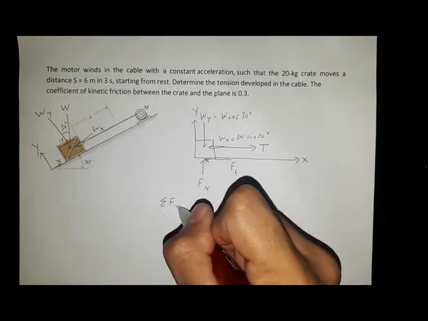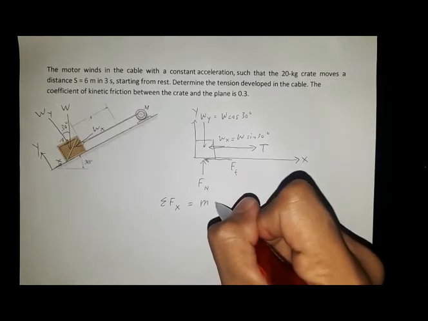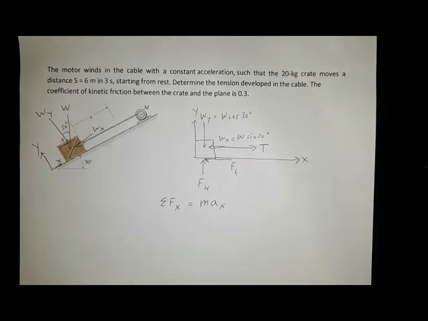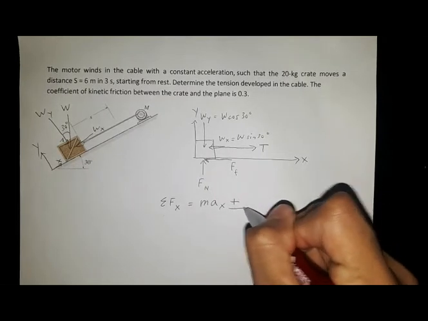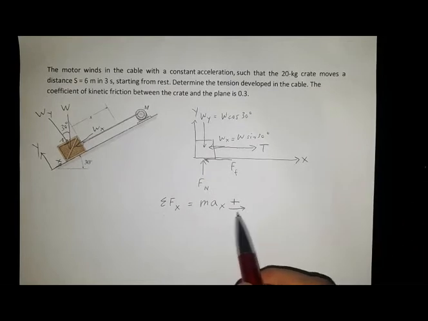The equation: summation of forces along x is equal to mass times acceleration along the x-axis, wherein we take positive as the direction to the right.